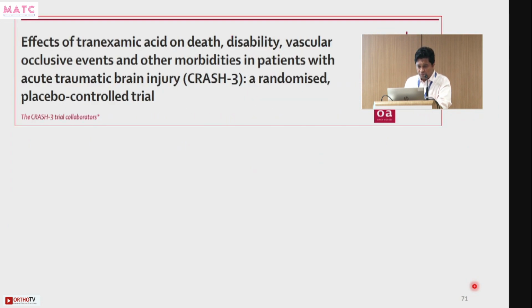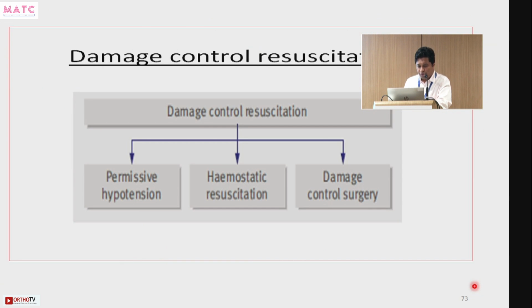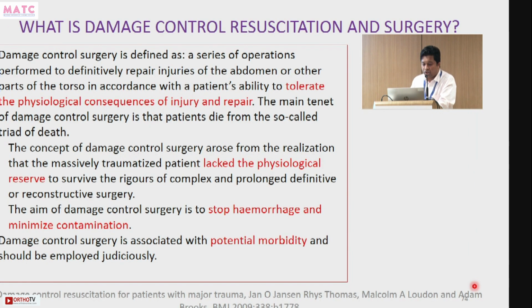Coming to all of you, because we are in a surgical team, damage control resuscitation. Now, damage control resuscitation is what we do. It has three important components which we need to know: permissive hypotension, hemostatic resuscitation, which we discussed just now, like transfusion of blood and blood products, and damage control surgery.